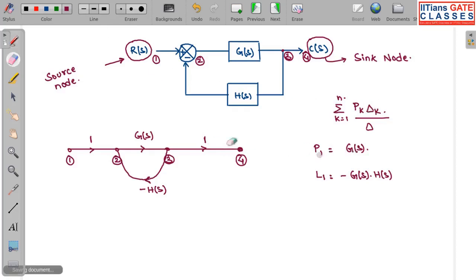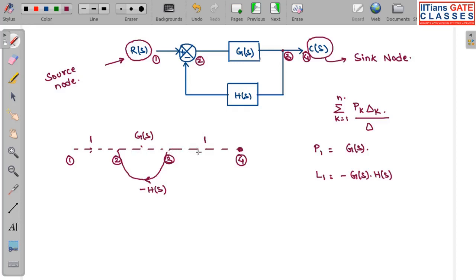For this P1, remove this P1 completely. Make sure to remove the node positions also. Now when you remove this, how many loops are left? How many loops can you see are left over here? There are no loops remaining.